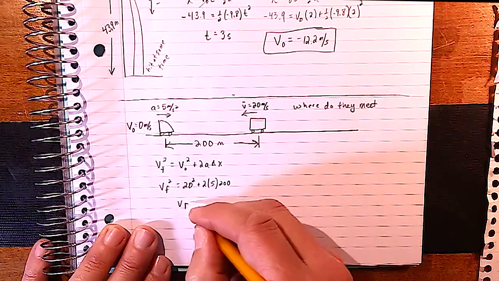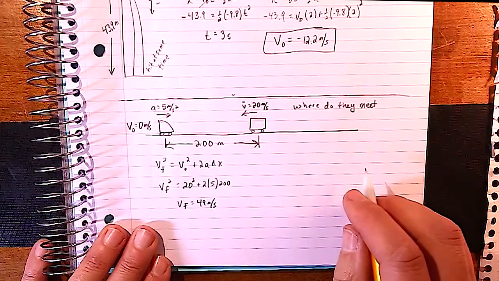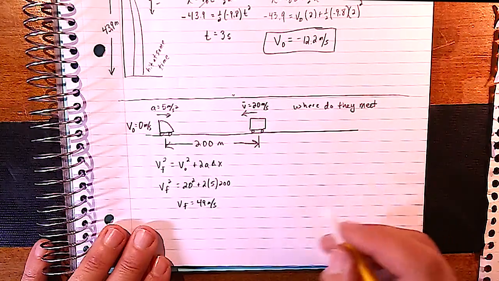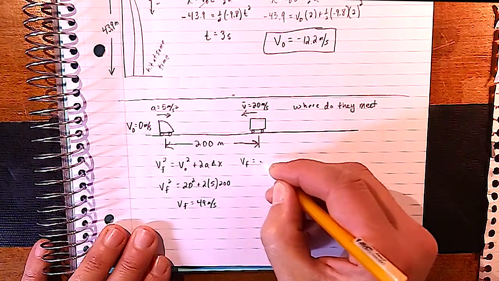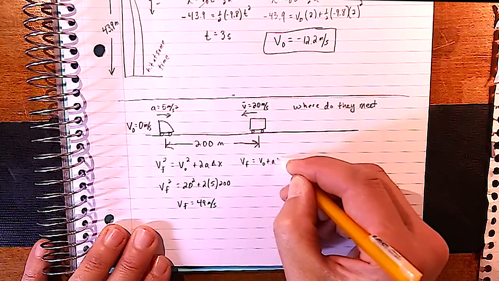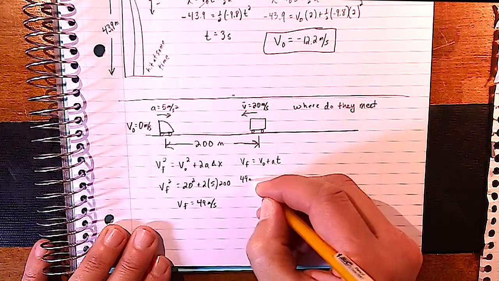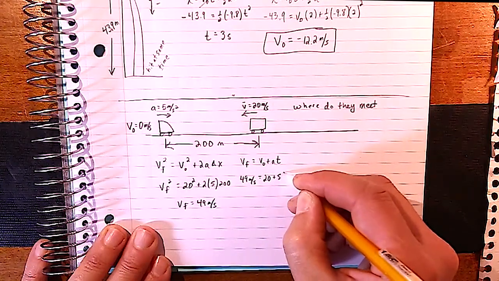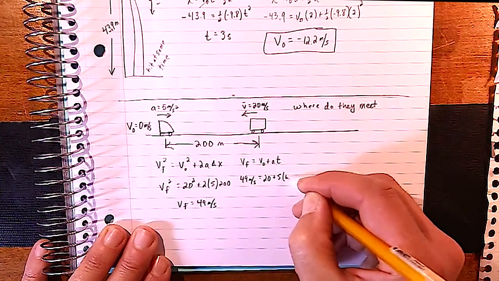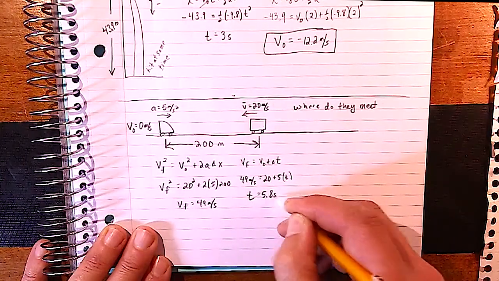And that gives us a Vf of 49 meters per second. Now, since we know the final velocity, we can get the time before it crashes into it. So that would be at. We say 49 meters per second equals 20 plus 5 times t. And t comes out to 5.8 seconds.